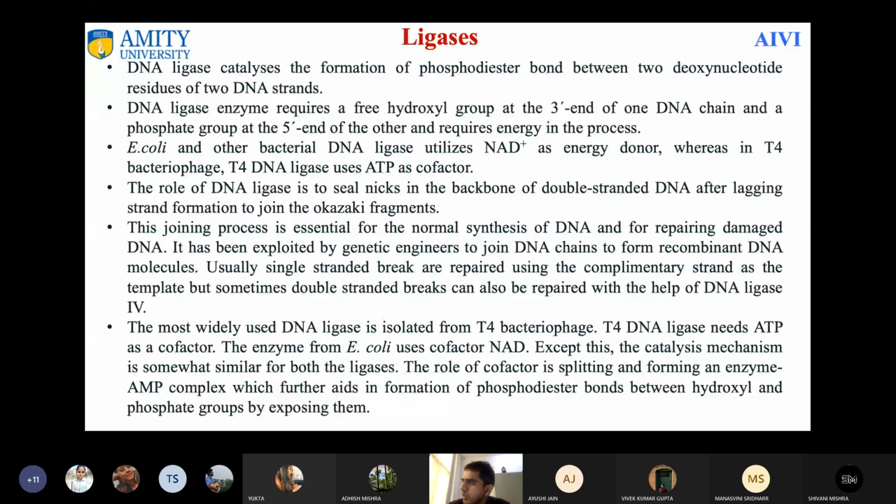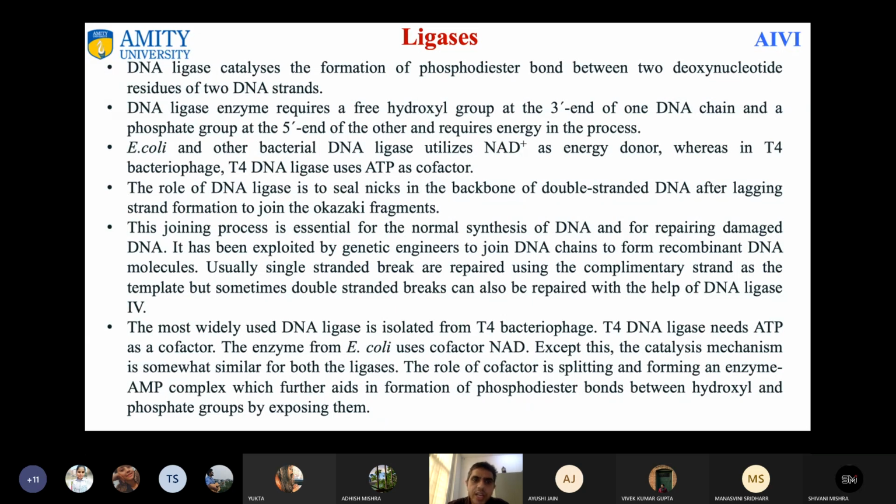In case of restriction enzyme, you mentioned that restriction enzymes were part of the prokaryotic defense mechanism. But ligases are not associated with the defense mechanism, but they are associated with the replication and the repair. So the ligase enzyme is picked from the DNA replication machinery or DNA repair machinery.